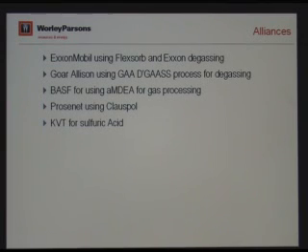We have an alliance with Gore Allison for what we call GAA degassing. Some of you may ask what degassing means. When we produce the sulfur in the sulfur plant, sulfur is liquid. We drain the sulfur into a pit underground called a sulfur pit.